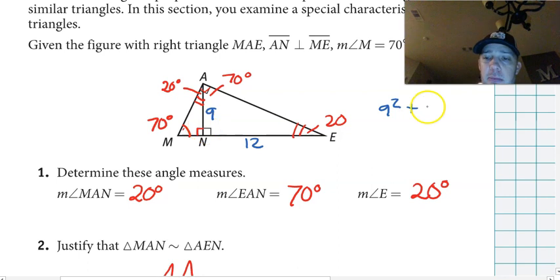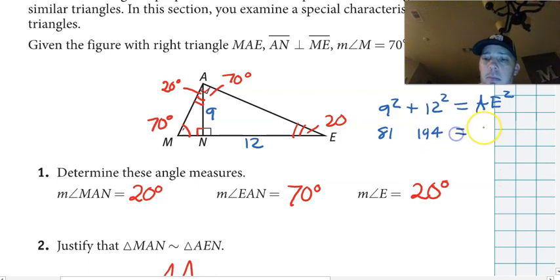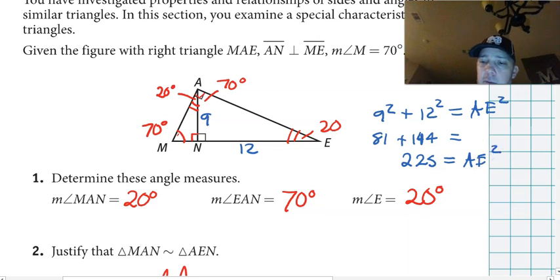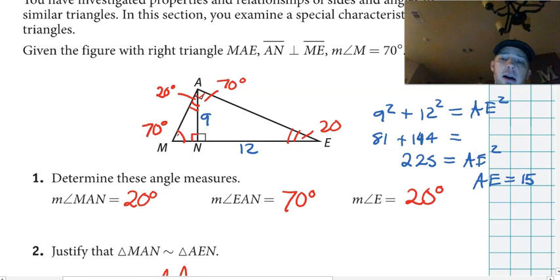That's 9 squared plus 12 squared equals AE, or the hypotenuse of that one, squared. Oops, that's 144. Take the square root and we get AE equals 15, which makes sense.